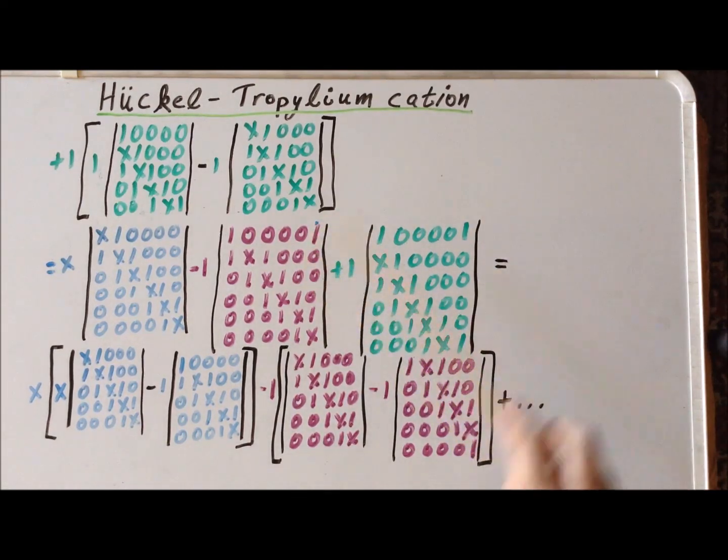For the third 6 by 6 determinant, the one in green, again we're going to use our trick of expanding along the first row rather than the first column, because we notice that there are only 2 non-zero entries here, while we have 3 non-zero entries along the first column. Also, we keep in mind that we have this alternation of sign, plus, minus, plus, minus, plus, minus.